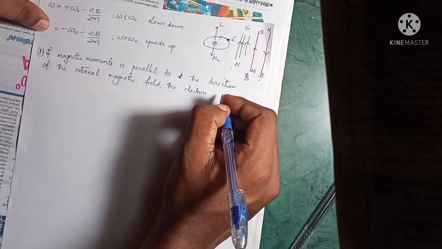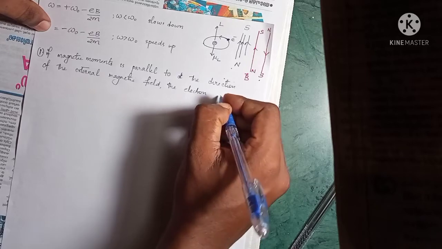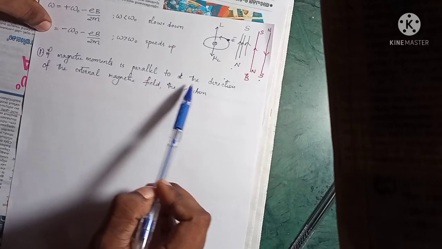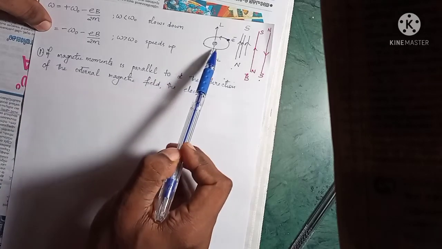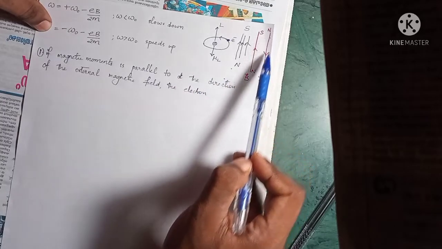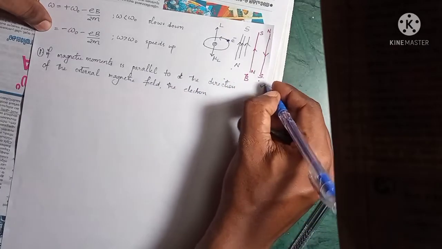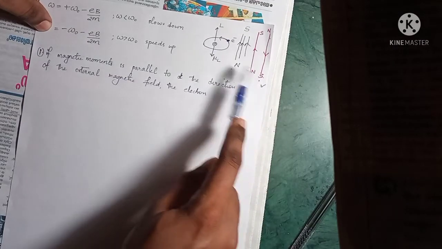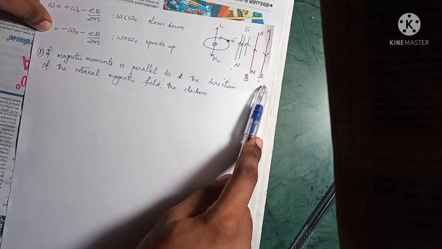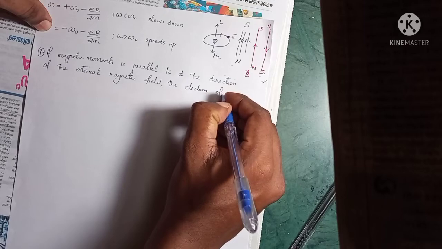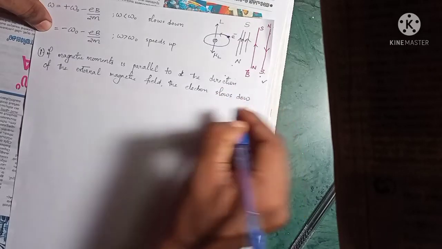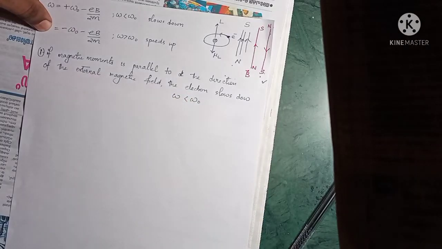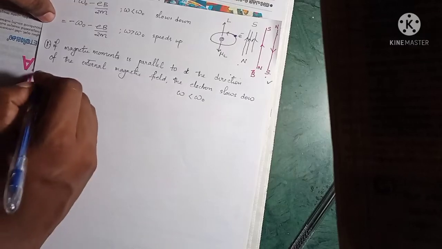What happens if the magnetic moment is parallel to the direction of the external magnetic field? In this case, the south pole and north pole come together, which means there is an attractive energy. Then the electron slows down, or its angular frequency decreases. Omega is less than omega naught. Angular frequency is decreased.